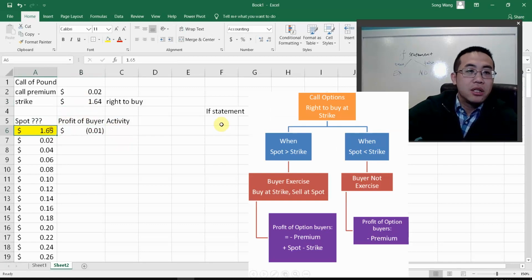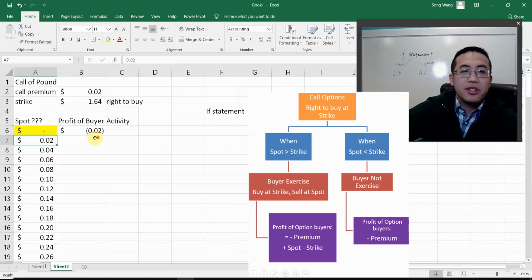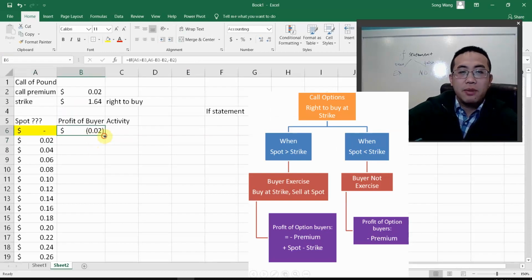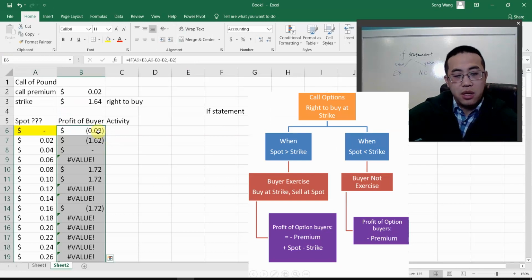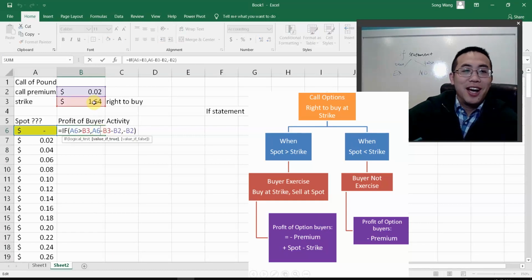Okay, so just to recap, set it as 0, and then you see I have a lot of numbers. Based on all these numbers, I can just double click and, oops, sorry, I shouldn't double click, because I do have to lock this strike rate. So this B3 is where I put the strike rate.